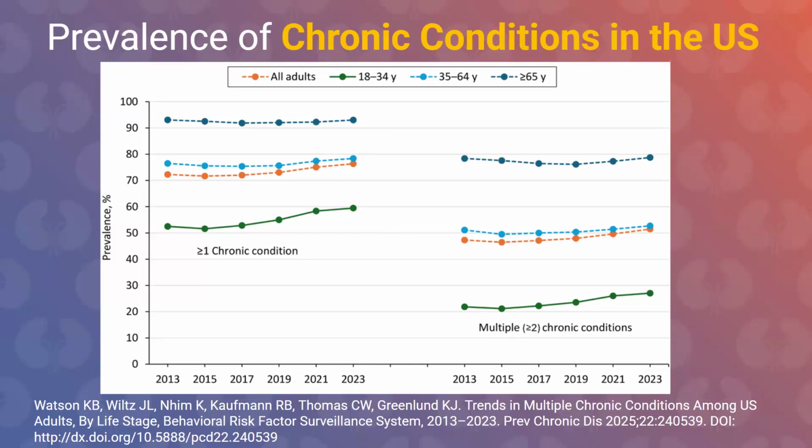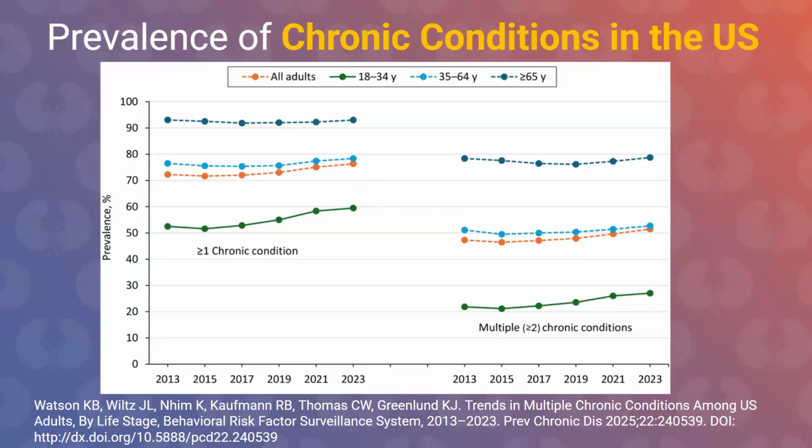So all it shows is that in the oldest age group, of course, almost everybody has at least one chronic condition. If you just look at 2023, close to a quarter of people in the middle age group have at least one chronic condition.